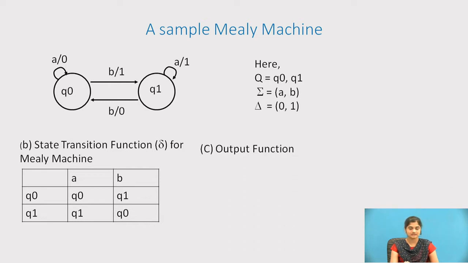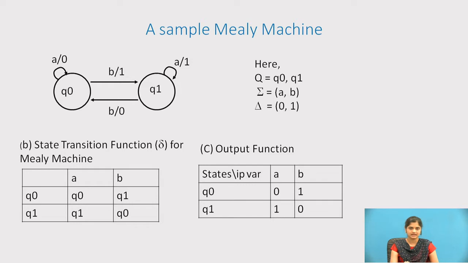Next, we have the output function table. In the output function table, Q cross sigma is mapped to the output alphabet. Here the output alphabets are 0 and 1. A and B are the input alphabet written horizontally, and vertically we have the states q0 and q1. If A input is given to the state q0, we can see from the state transition diagram that the output is 0.